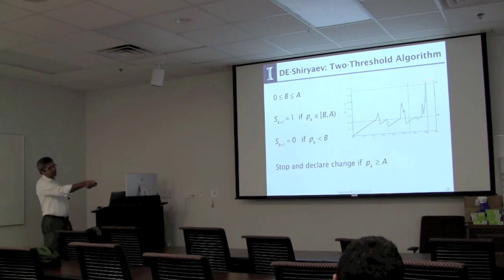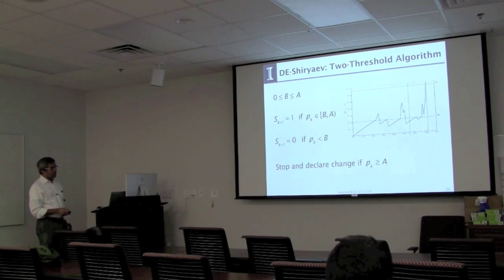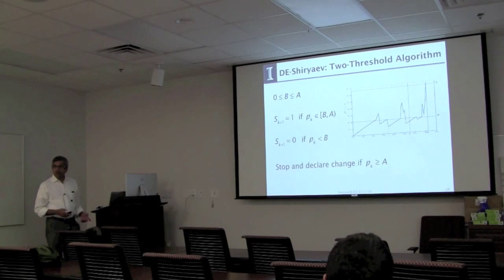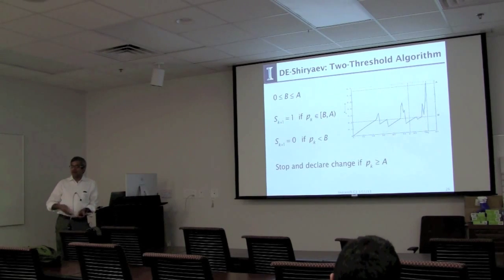Again, you declare the change when the posterior probability is larger than A, just like before. But notice what's happening below B. If you skip an observation, what should you do to update your belief about the change? Well, you use the prior.